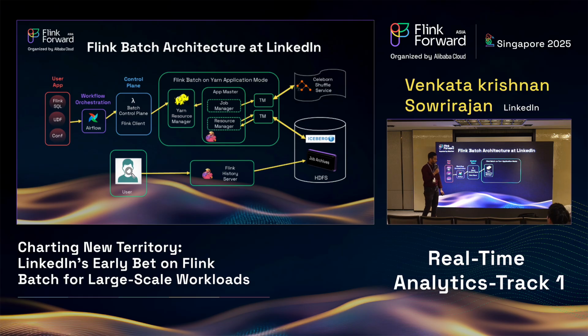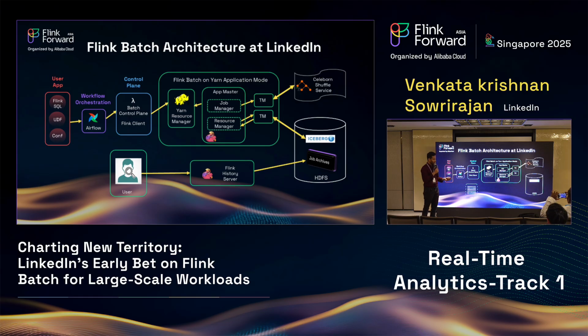At LinkedIn, we are heavy users of Yarn until now, so we are running Flink Batch on Yarn as well, but we are also in the process of migrating to K8s. So once the batch control plane submits the job to the Yarn resource manager, it brings up the Flink AM with job manager in it, brings up task managers negotiating with the Yarn resource manager to compute the business logic.